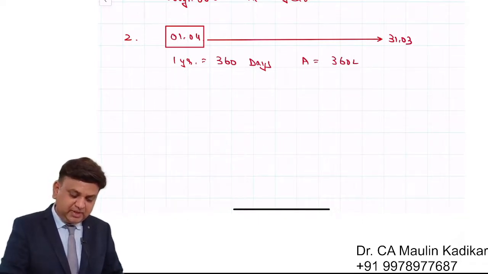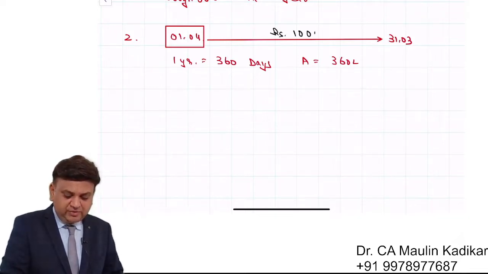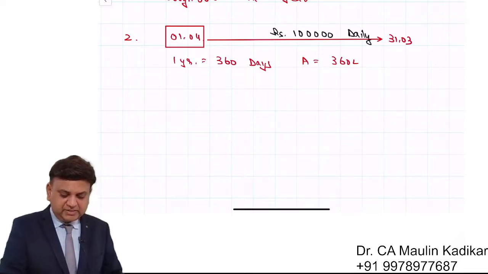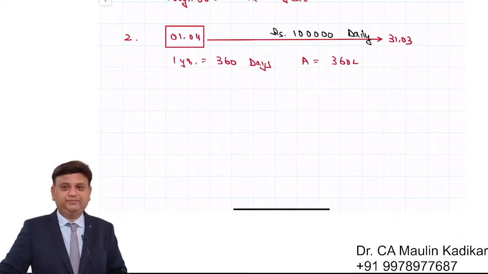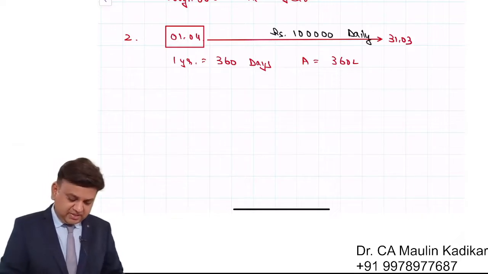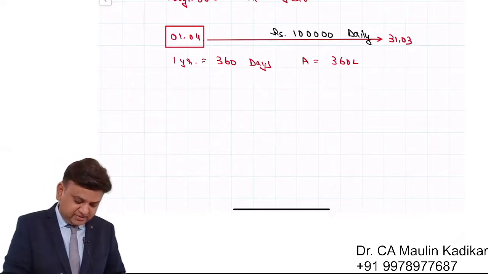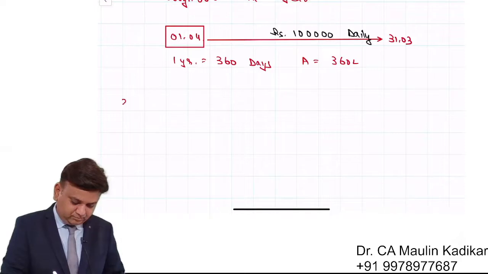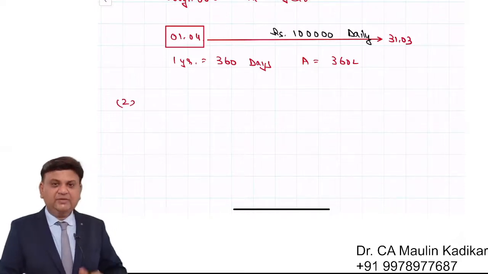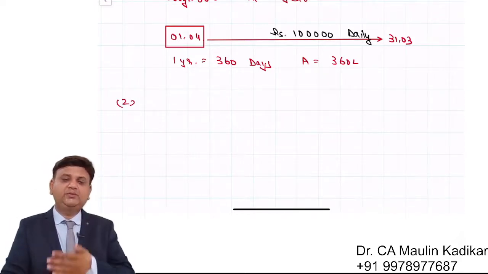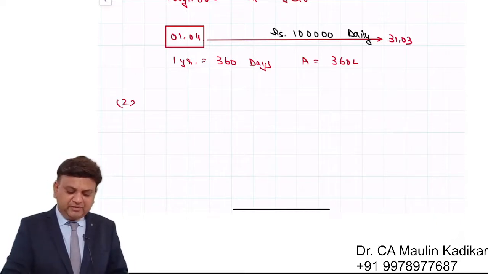So an assumption is made, similar to the EOQ, that an expense of 1 lakh rupee will be incurred on a daily basis. That is the first assumption that we have. Second assumption is made like this. Whatever amount we are going to spend during the year is available with the company at the beginning of the year.